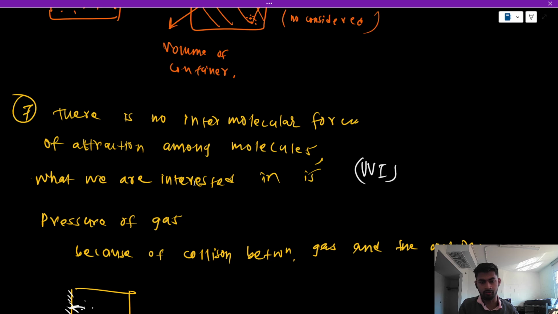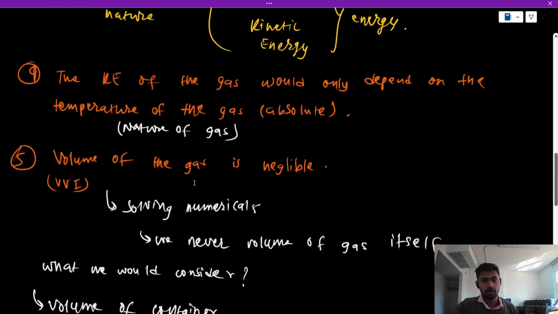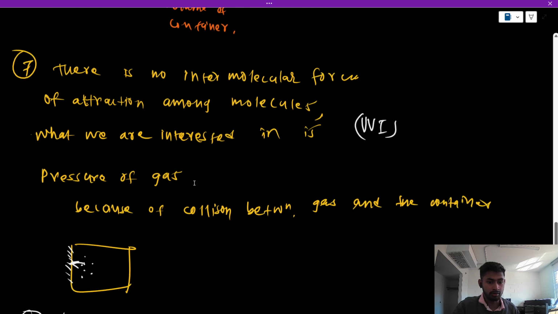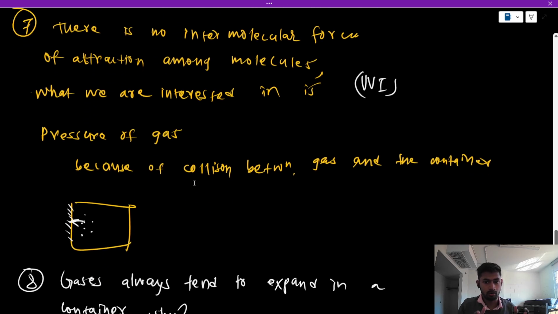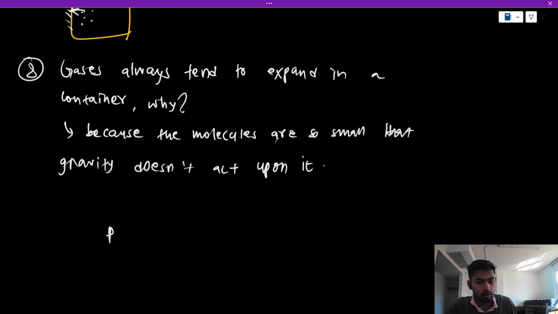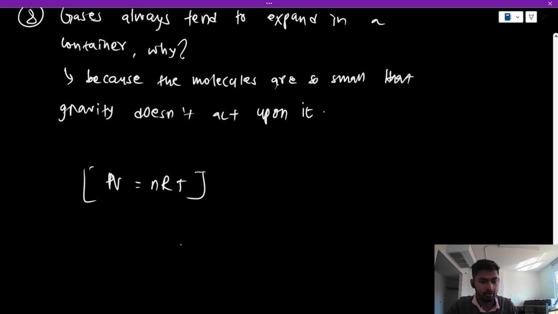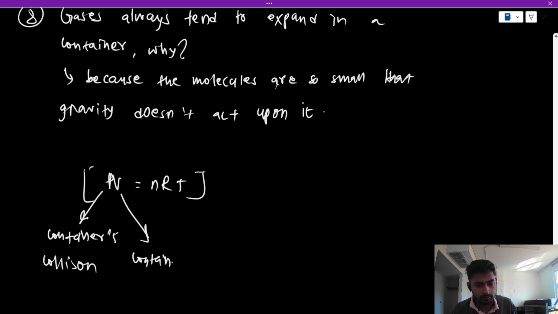What we will consider is the pressure of the gas when colliding with the container, and the volume, in the equation PV equals nRT, which is the ideal gas equation. We will be considering, with these postulates, container collision, container volume, and temperature.